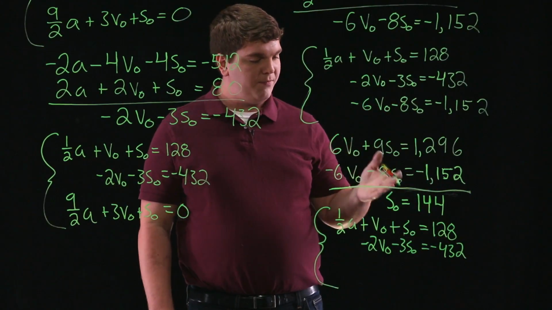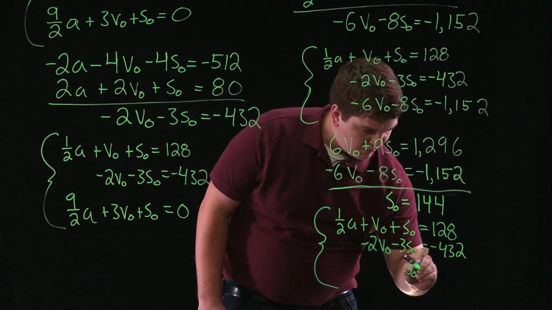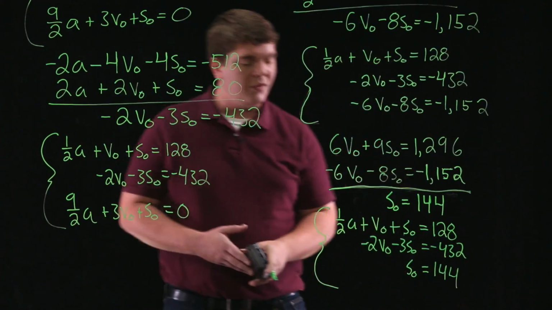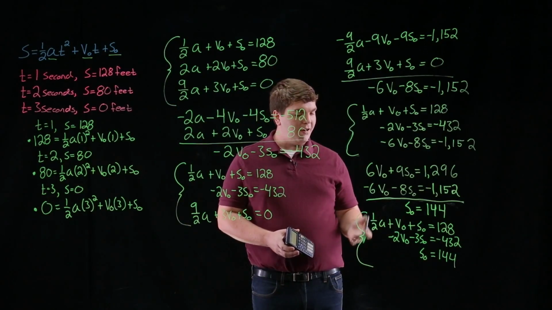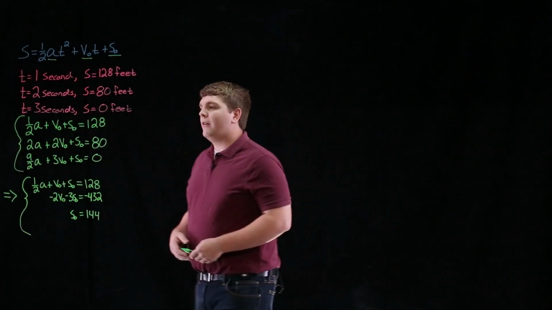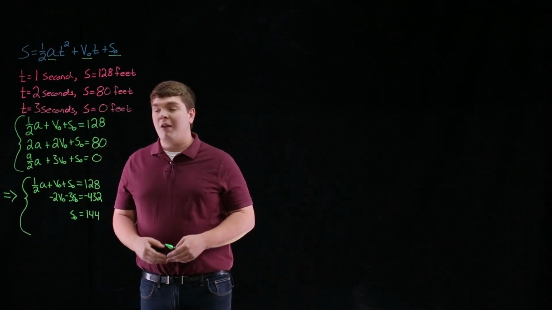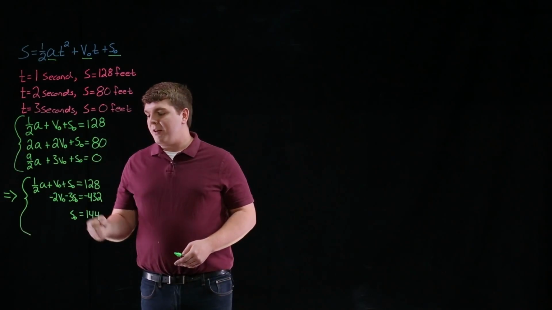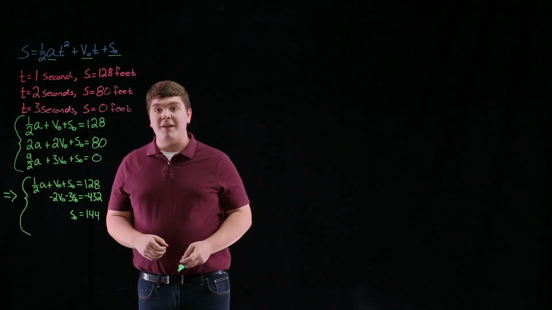And our third equation is S naught equals 144. Now at this stage, we can use back substitution to solve for V naught and A.